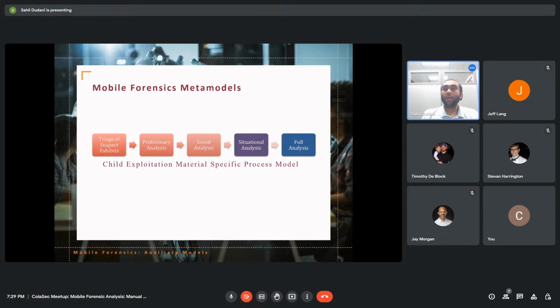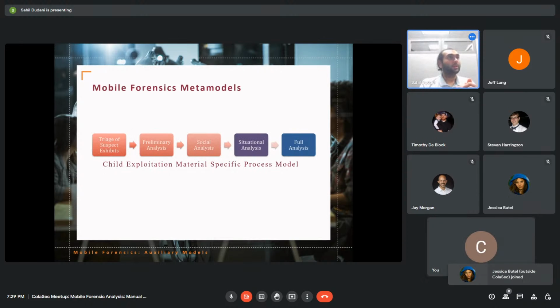Another model is the child exploitation material specific process model, which also includes social and situational analysis in certain cases. In cases of child exploitation, social analysis is pretty important, because building the social profile of a person who is involved with a certain kind of child exploitation is important, because there are certain things and certain evidence that revolve around that.